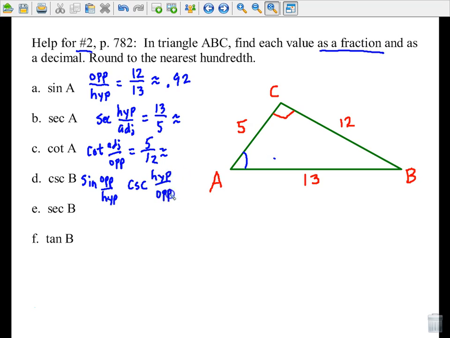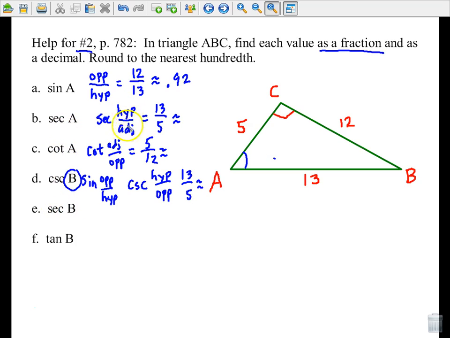Hypotenuse over opposite. And now notice our angle has changed. We're now looking out from angle B. So if we do hypotenuse, which is still 13, over opposite, we get 13 over 5, and then the decimal form. All right. Secant.